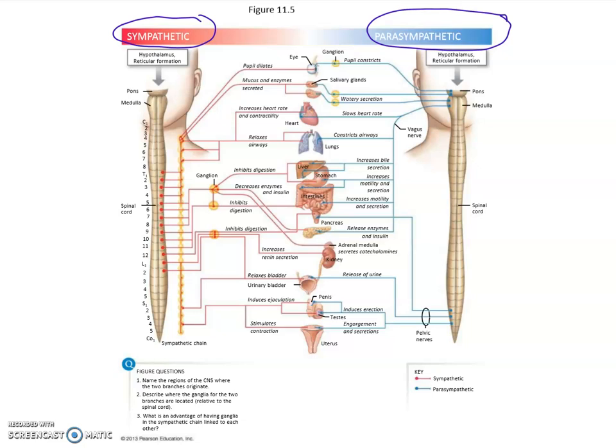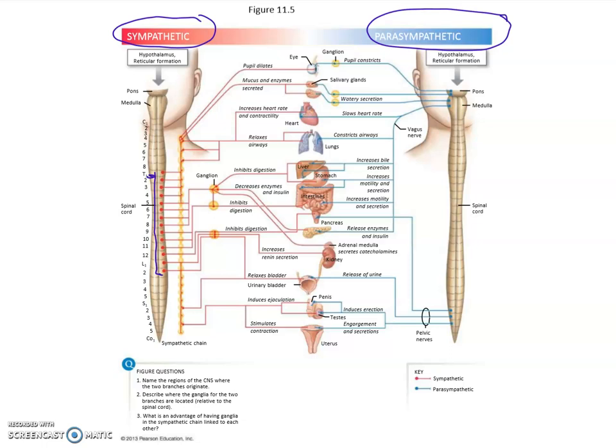Note that the preganglionic neurons, the ones exiting the spinal cord, are all exiting sort of in the thoracic region from here to here. So see that? Sort of in the middle part of your spinal cord. The sympathetic preganglionic neurons are leaving the spinal cord here. Then, of course, we said we need to synapse at a ganglion.